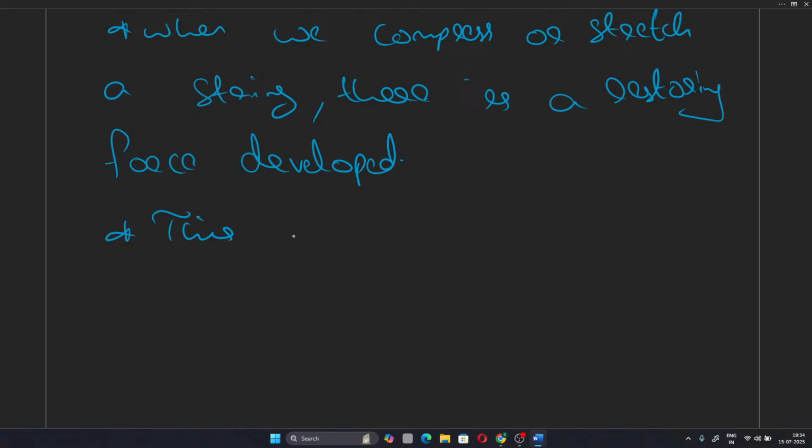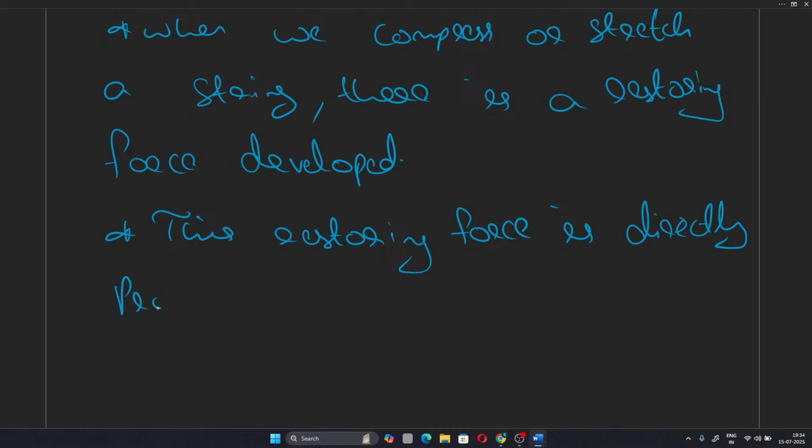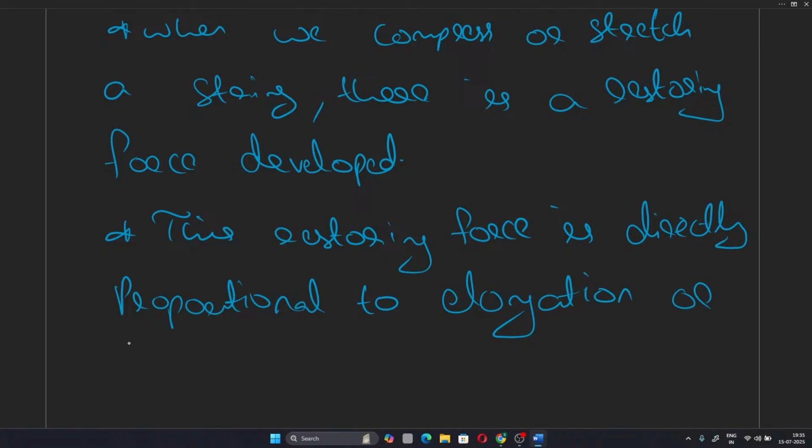This restoring force is directly proportional to the elongation or compression of the spring, which is measured in terms of distance or displacement. For small displacements, this elongation and compression we measure in terms of displacement, so that is why it is directly proportional to the displacement.